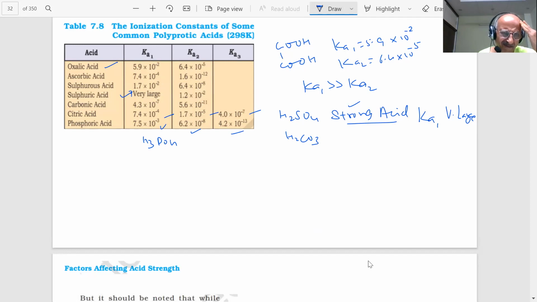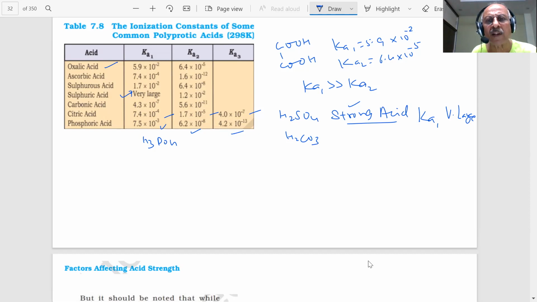See that, just to get an idea, these numbers should be read so that we know what the value is. Sometimes in the paper they give values and numbers, and out of the choices, when the name of the compound is given, you already have some idea in your mind what type of values there are. Oxalic acid is 5.9 into 10 minus 2, and phosphoric acid, and very weak acid carbonic acid is of the order 10 minus 7.